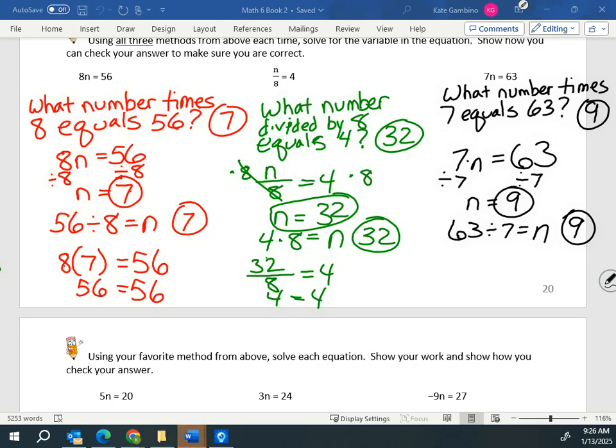So now we have to go back and check, is that 9 the correct answer? So I put 9 in for n. 7 times 9 is 63. 63 really does equal 63. Any questions on solving with multiplication or division?